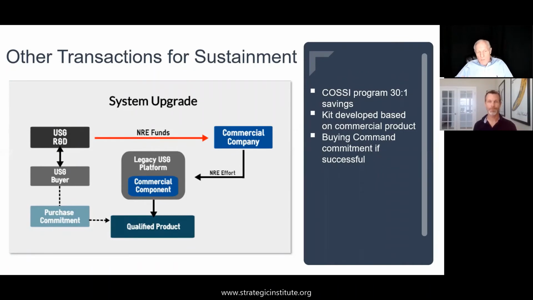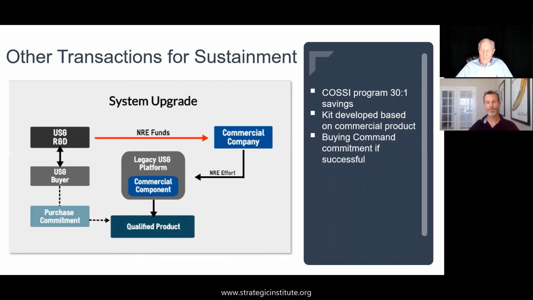The government funded non-recurring engineering, typically with some contribution from the company. A qualified part was created, a kit was created that then had to be qualified. It had to be qualified that, one, it performed at least as well as the legacy component or part that it was replacing, and it cost less.